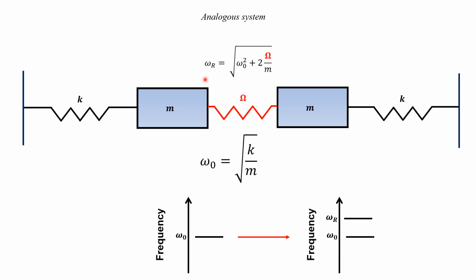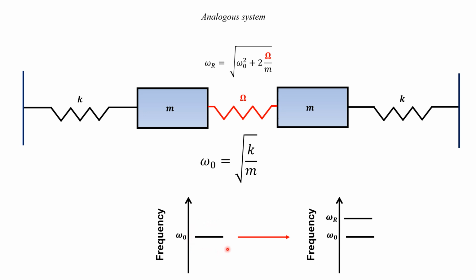But we're not going to derive it here because we want a qualitative analysis. So the effect of coupling is not to change the number of modes of oscillation. We still have the same number of modes of oscillation as before. But the effect of coupling is to change the resonance frequencies.